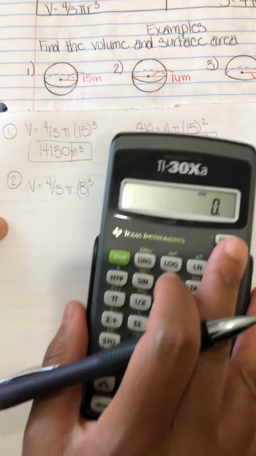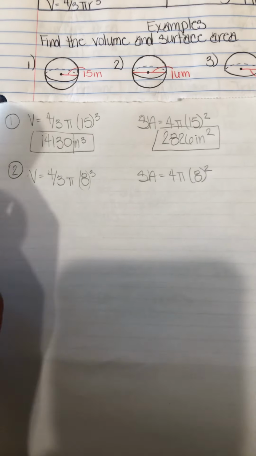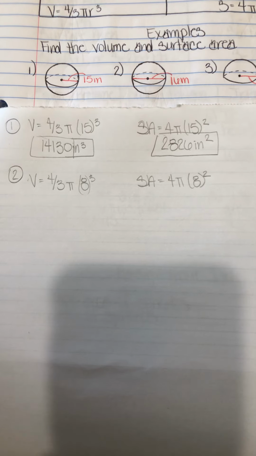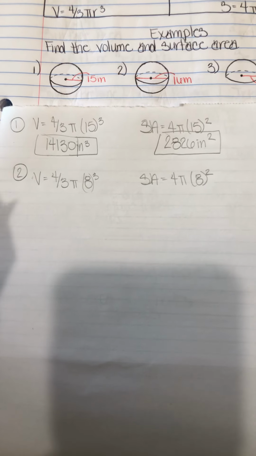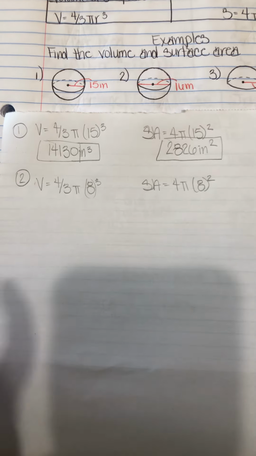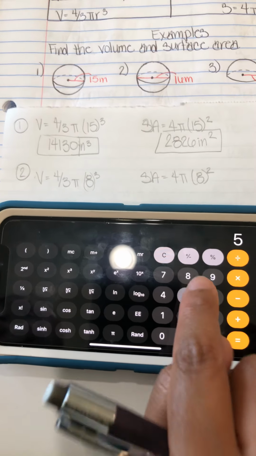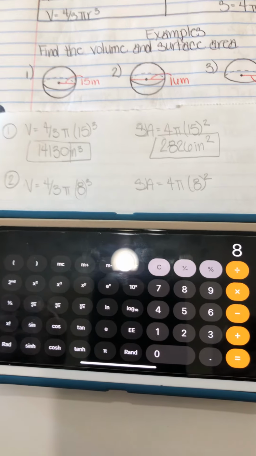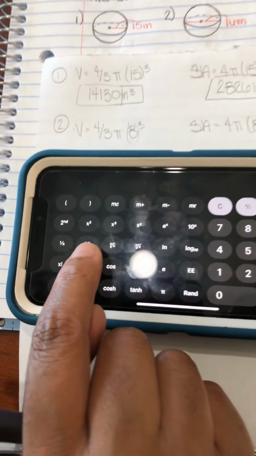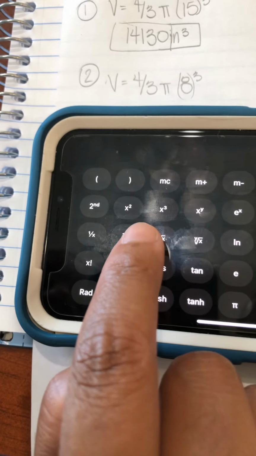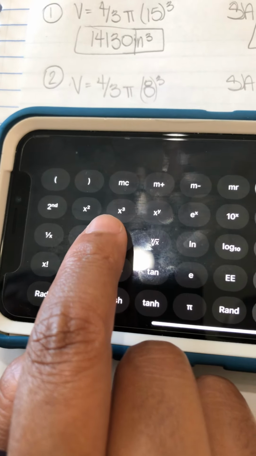So again, this time I'm going to use my cell phone so that you guys know how to use your cell phone for this. The first thing that you're going to do is hold it sideways. You're going to hit 8. And then you're going to look for the key that says to the 3rd power. So it says x to the 3rd.